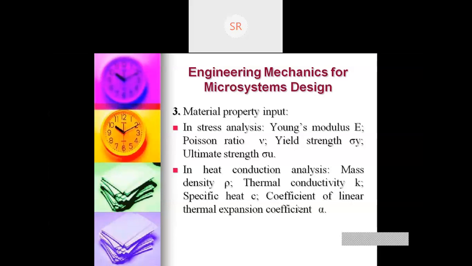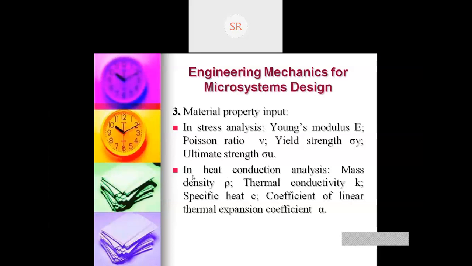For stress analysis, Young's modulus is constant for various materials. Poisson ratio is constant. Yield strength and ultimate strength will depend upon the material. All these constants I need to give to the software.